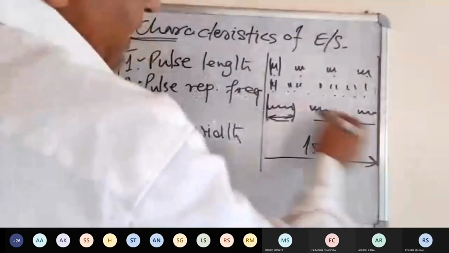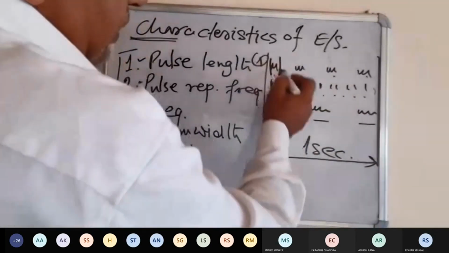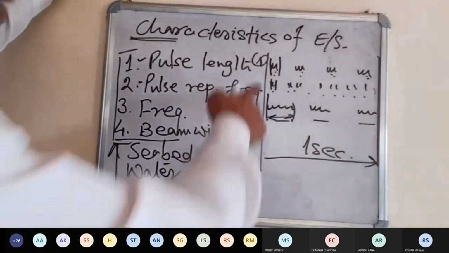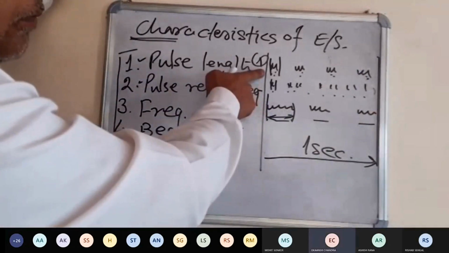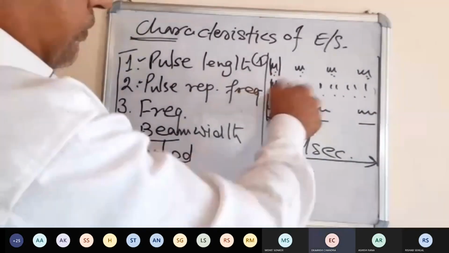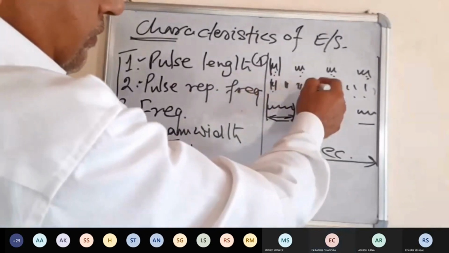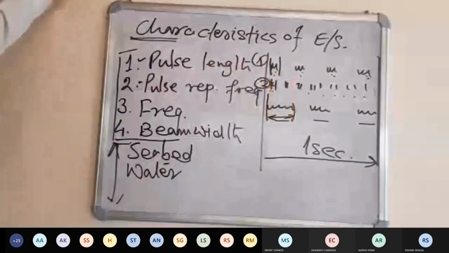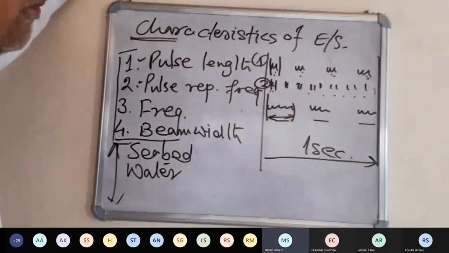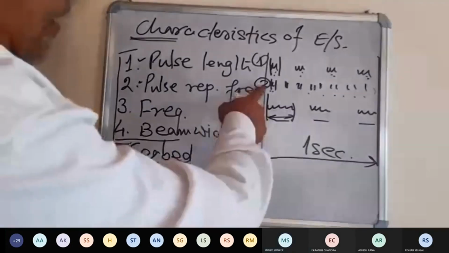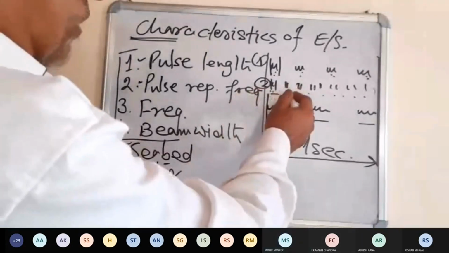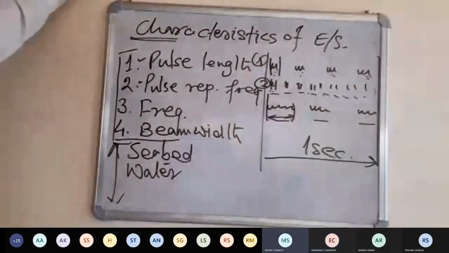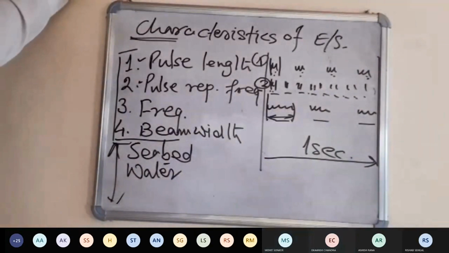So if this was done in 1 second, how many pulses were transmitted in case number 1? 1, 2, 3, 4. 4 pulses transmitted. And can you please count how many in the second case? Seven, eight, nine, ten, take any number.